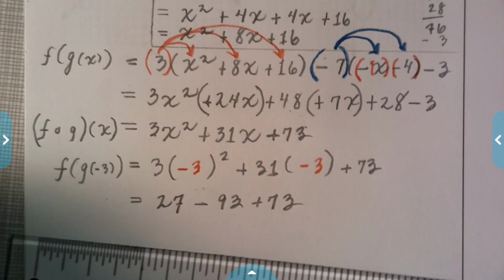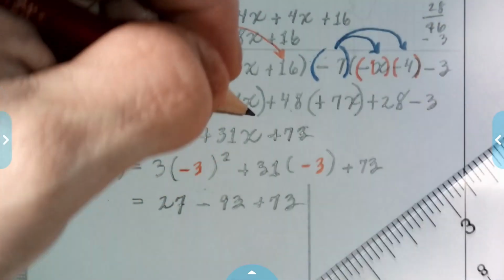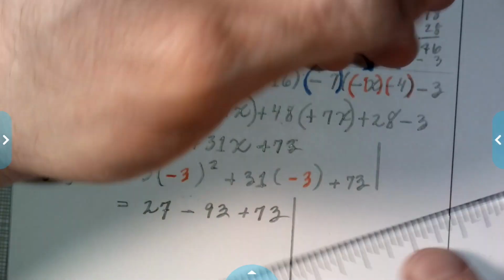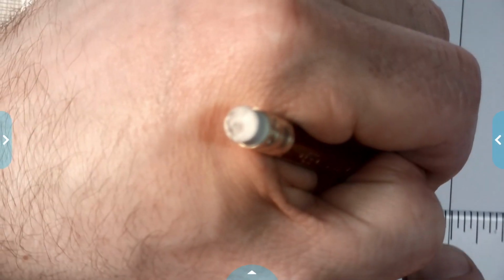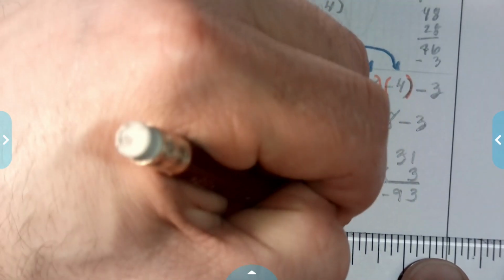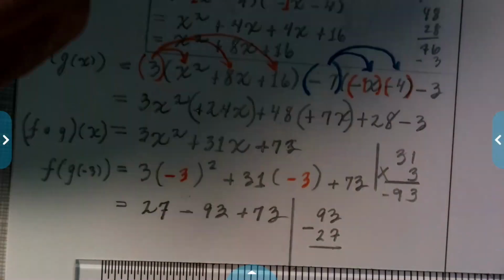Okay, so in side work, first let's double check over here that 31 times 3 is really 93. Yep. And then in side work here, what we're going to do is take 93 minus 27 and then make the answer negative.